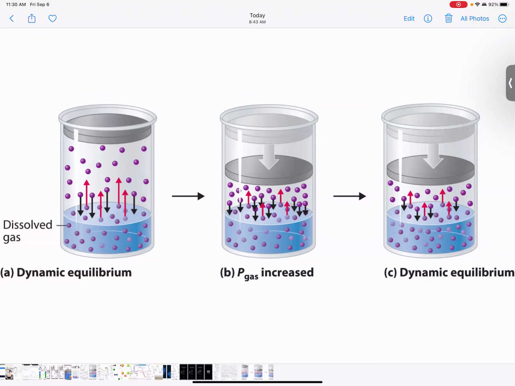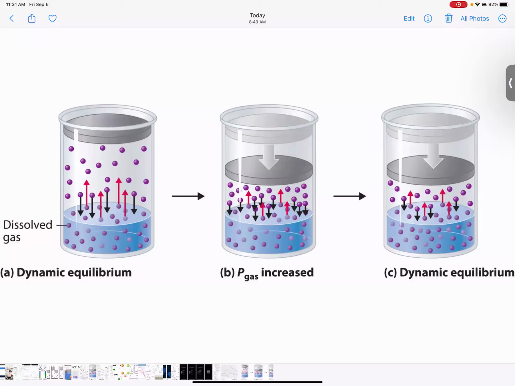So again, key takeaways. The key takeaway is gases are under a dynamic equilibrium with the liquid in a sealed container.